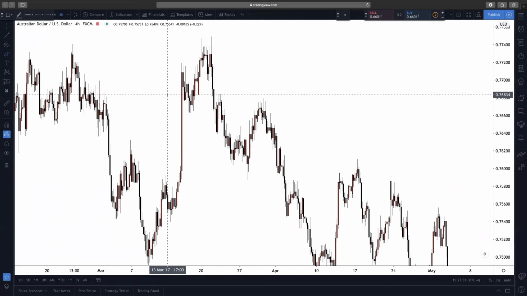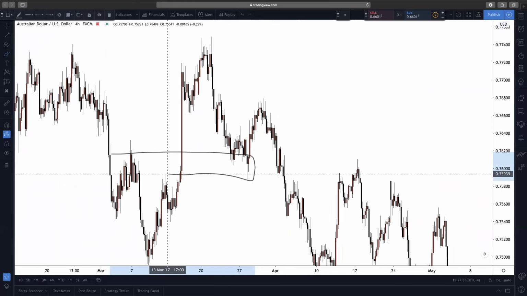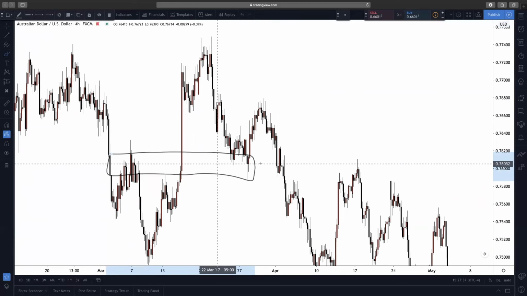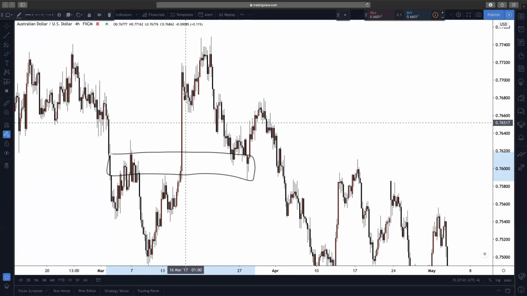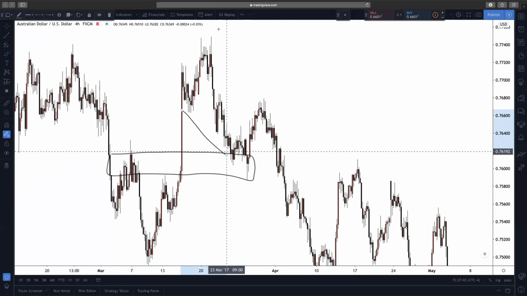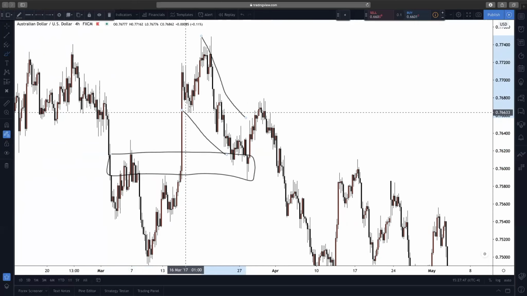Okay, so here we have, this is the last area of structure right here that was broken. And as you can see, price came in, dipped into it. So we have strong bullish action. And as you can see, price took a corrective move downwards, right?